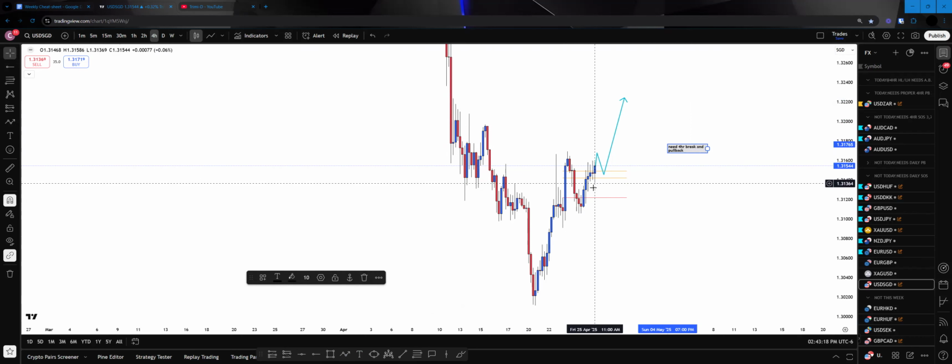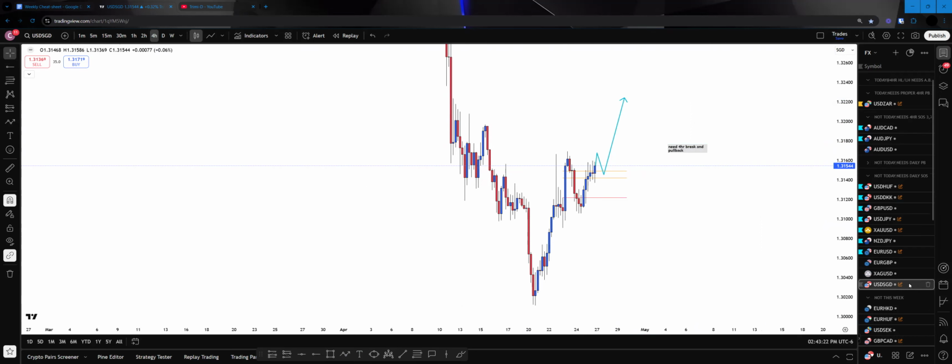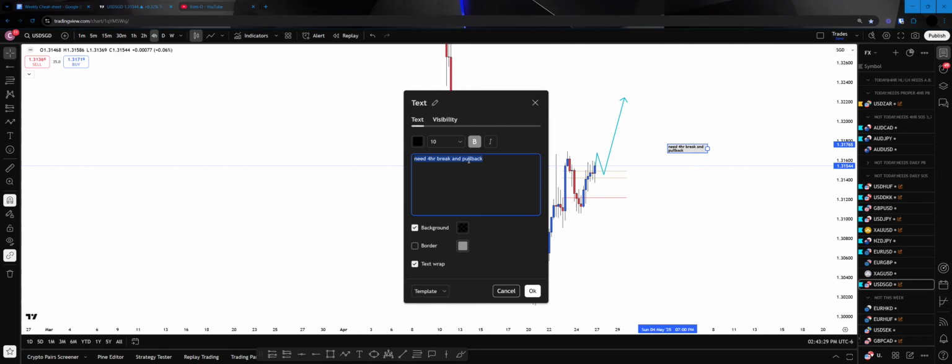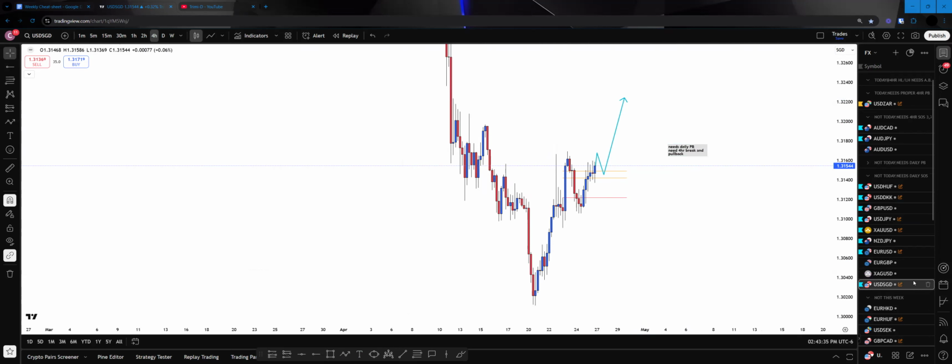Or just a deeper pullback again to here, which would be a deeper daily pullback. So we can put this in, we'll just say needs daily pullback, which will be the same as the 4 hour pullback anyway.